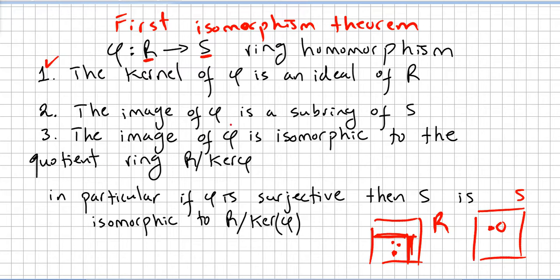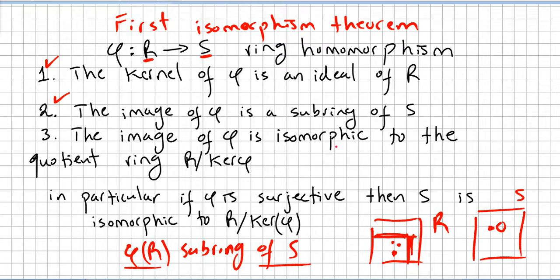Okay, so checked. Two: the image of phi is a subring of S. This means that phi of R is a subring of S. Three: the image of phi is isomorphic to the quotient ring R by the kernel of phi. So R by the kernel of phi is isomorphic to the image of the ring.